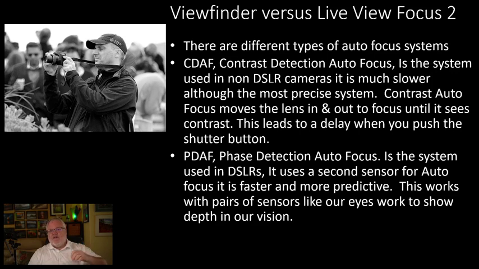That's significantly faster, and if you have a Canon camera that has dual pixel, it's going to be significantly better in live view. In some ways, dual pixel can be as good or better than the phase detection because it can do things like face detection, where the smaller sensor for the viewfinder can't do those kinds of things.